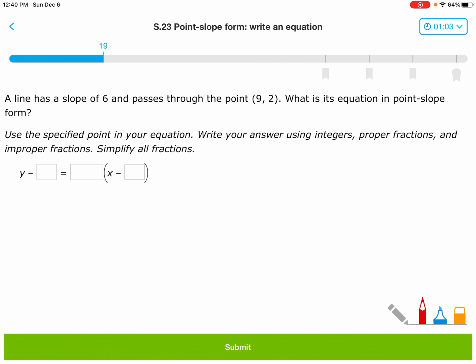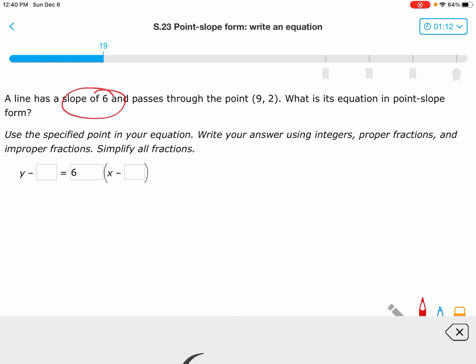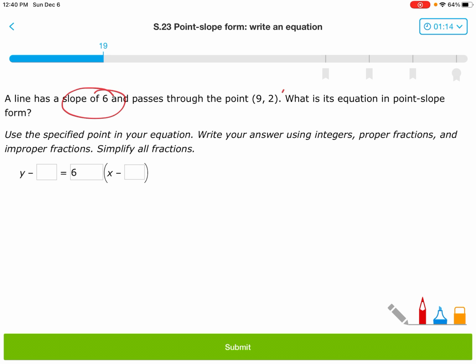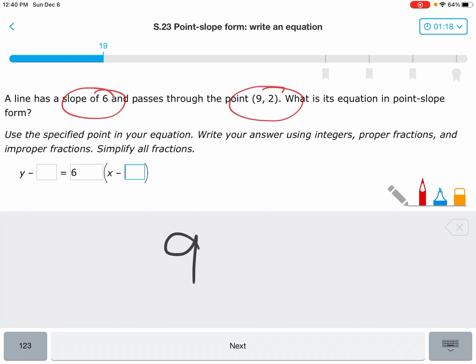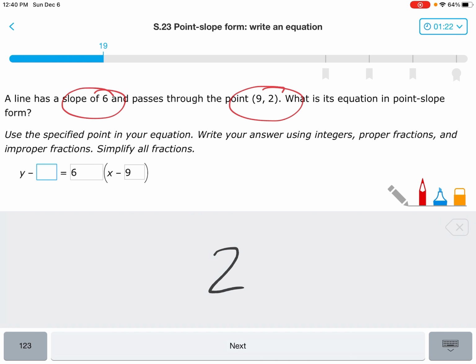Let's do one more. So the line has a slope of 6. Slope goes here. All right, and it passes through the point 9, 2. So the x value goes here by the x, and the y value goes here by the y.